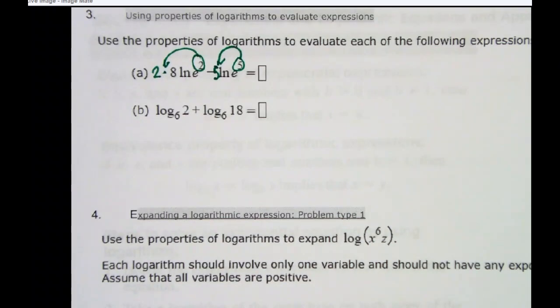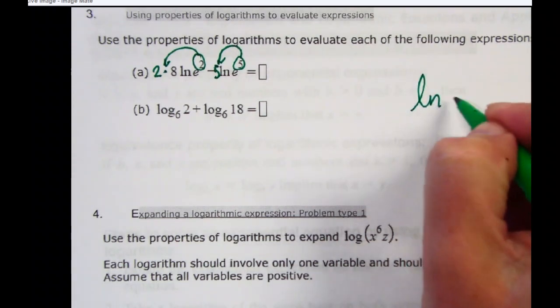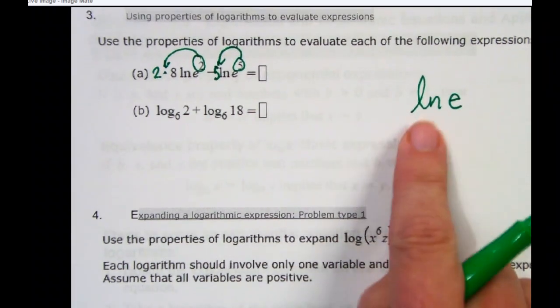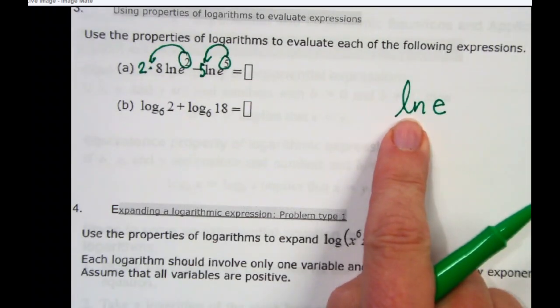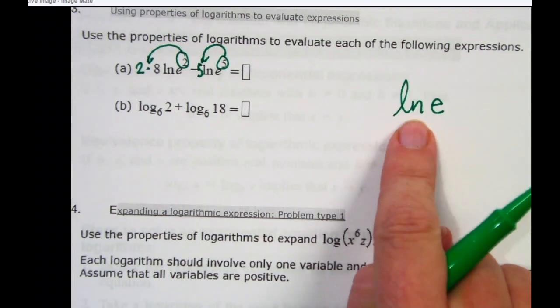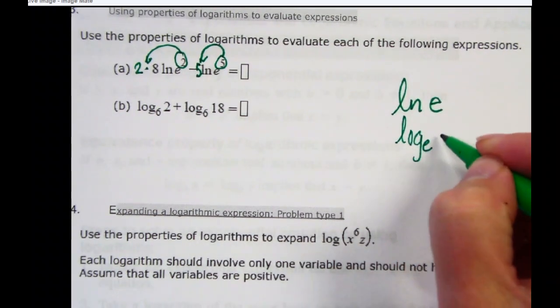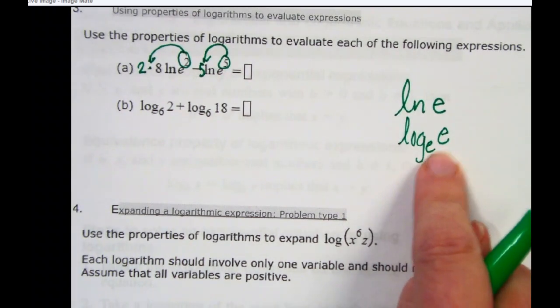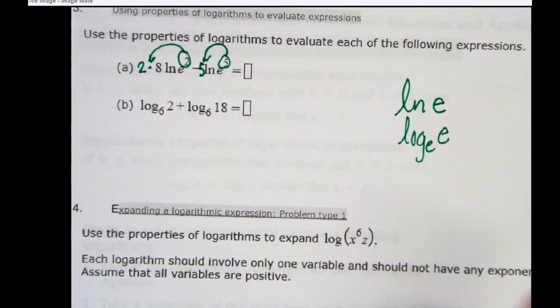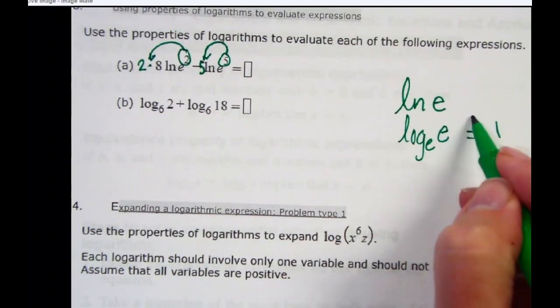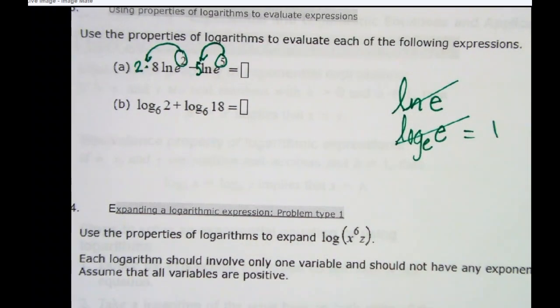So then, ln of e, let's remember how this works. We never see it this way, but this is logarithm base e of e. How many e's are in e? 1. So it essentially cancels out, right?